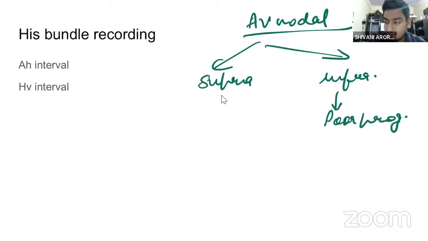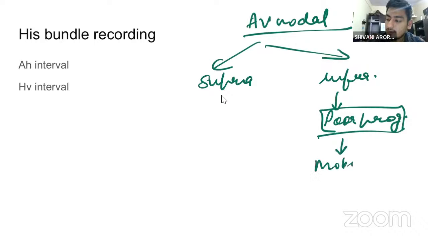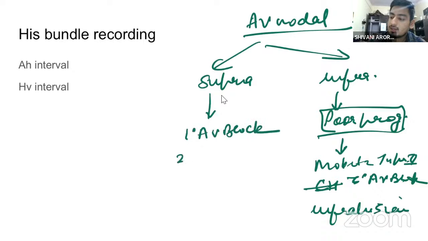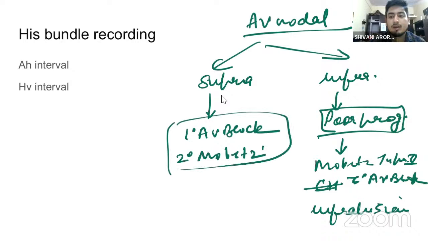And we also know that Mobitz type 2 and complete heart block, third degree AV block, are mostly infrahisian, while first degree AV block and second degree Mobitz type 1 are mostly suprahisian.